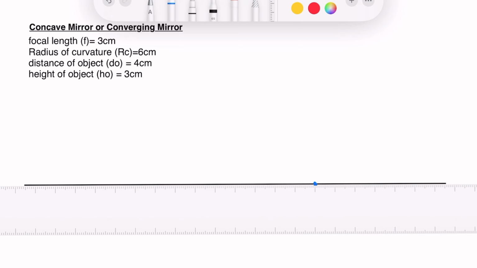The next step is to measure my focal length from the vertex so that I can mark my focal point, or F. I have here 3 centimeters. So from the vertex, this is 1 centimeter to 3. I'm going to mark this as my focal point. Again, I was able to measure that using the value of the focal length.